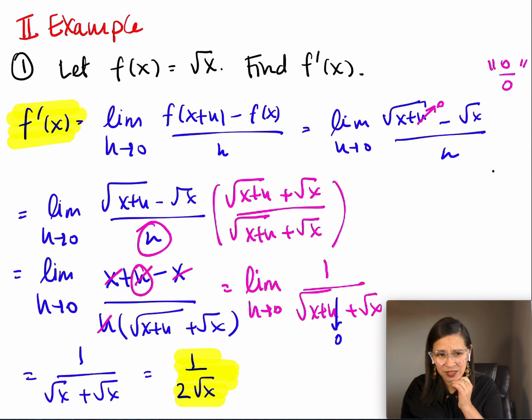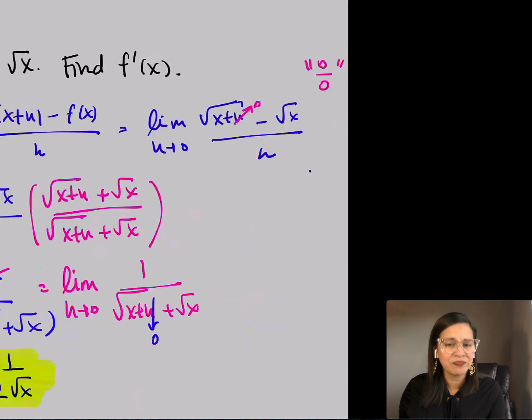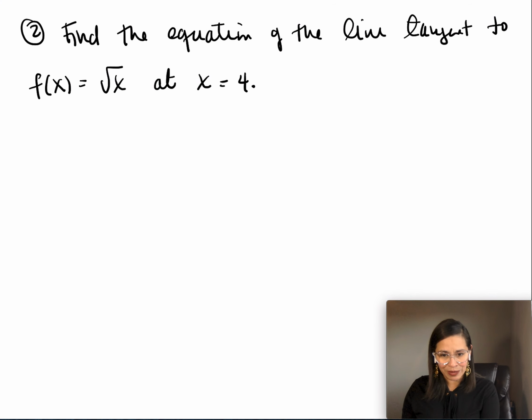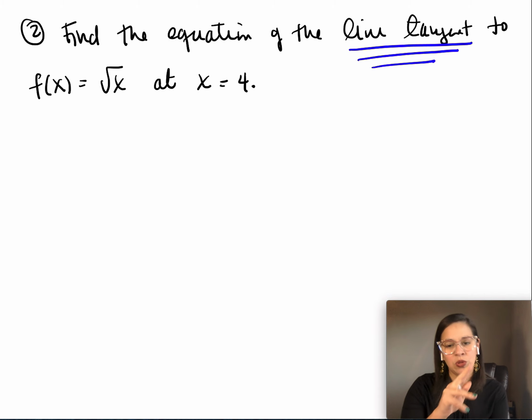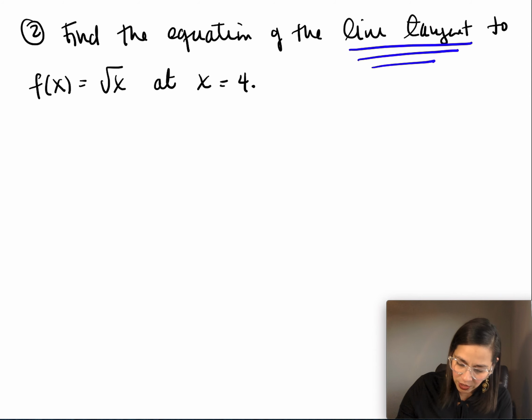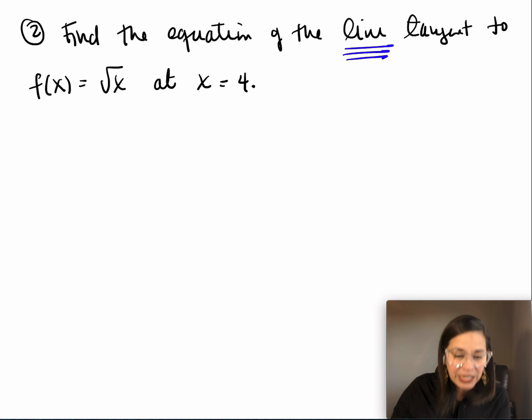Why am I saying this? Because I need it now. Now I want to find the equation of the line tangent to the graph of the same function at x equals 4, okay? Now, you know that if you're computing the equation of a tangent line, you need two things. Actually, if you want to compute the equation of any line, you need two things.